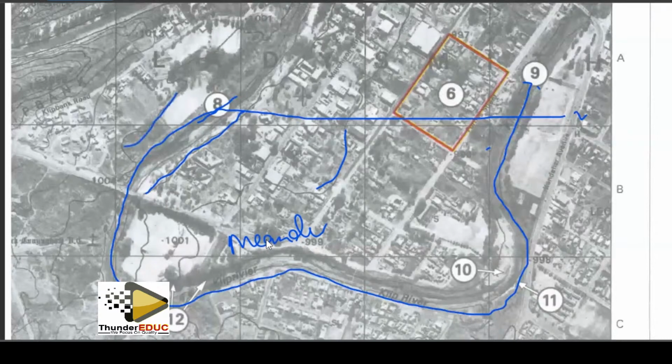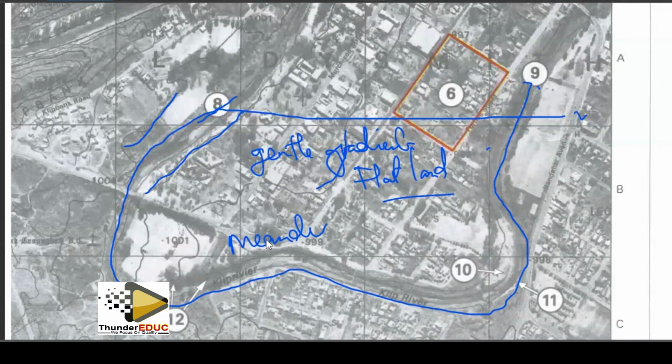So this spacing of contour lines, what does it tell us? It tells us that the area has got a gentle gradient. It is a floodplain. Remember, meanders form in the lower course of the river where the gradient is very gentle. So this area is a gently sloping landscape, which implies that meanders are likely to form in that particular area. That is the justification.